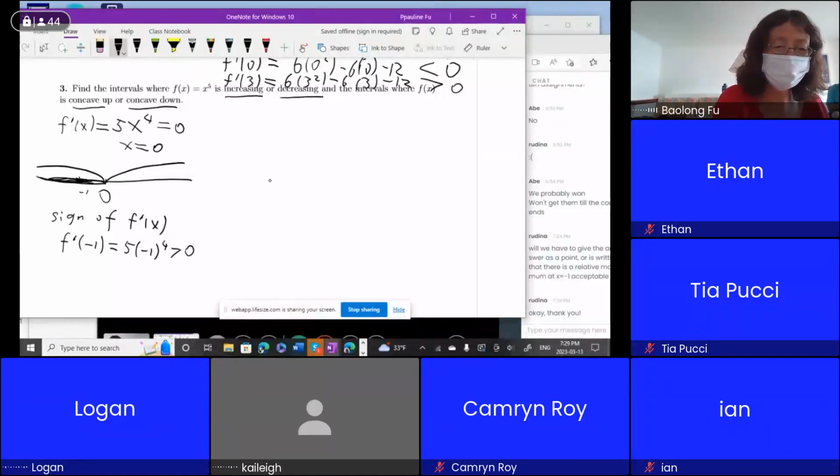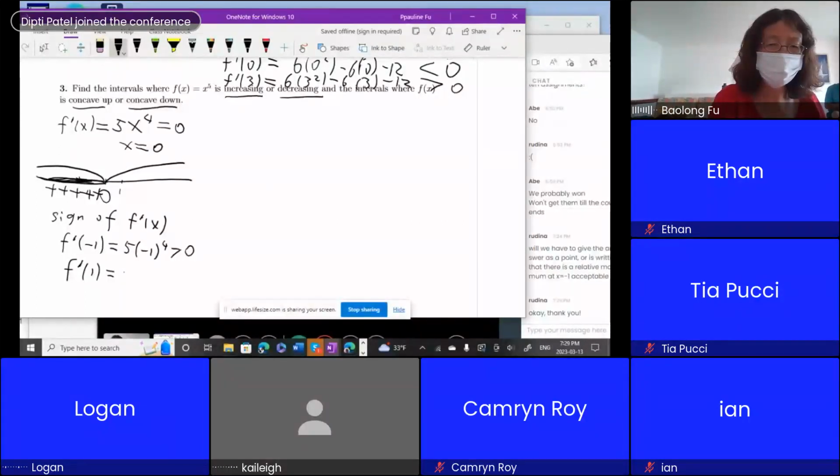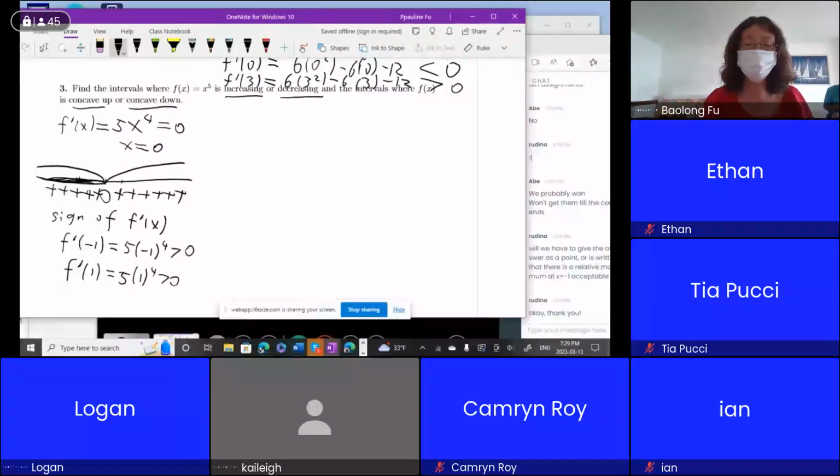So the derivative is positive here. Next, take any number in this interval, maybe take 1, to find the derivative f'(1). It is 5 times 1^4, so it is also positive.